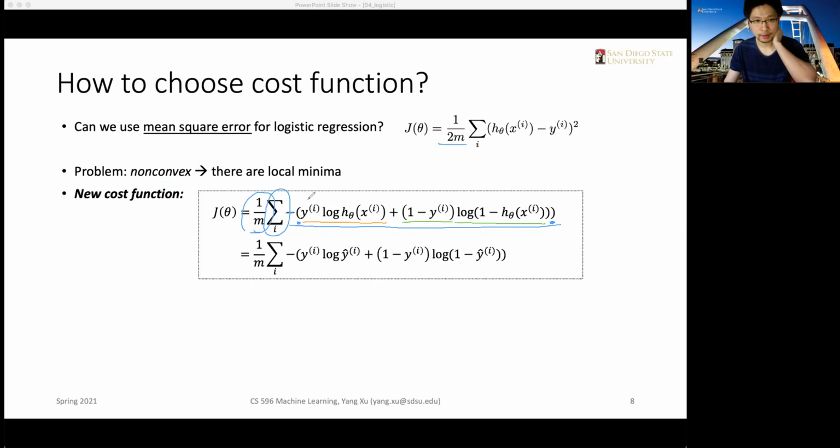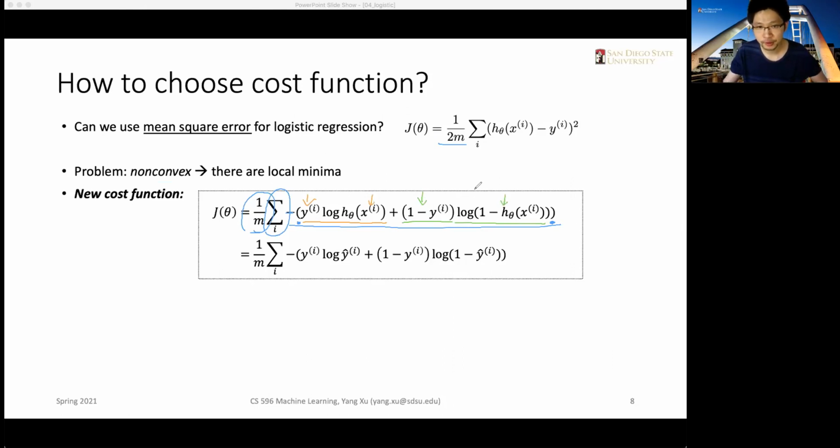When the outside term is yi, then the inside term is h theta of xi. When the outside term is 1 minus yi, then the inside term is 1 minus h theta of xi. So it's quite symmetric.